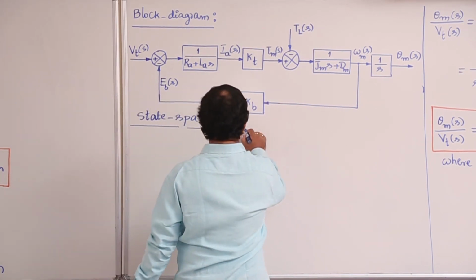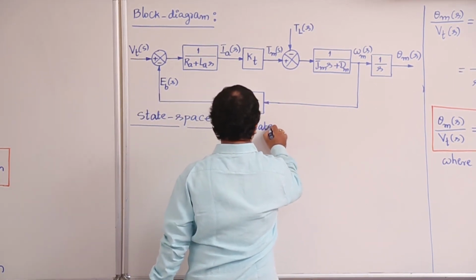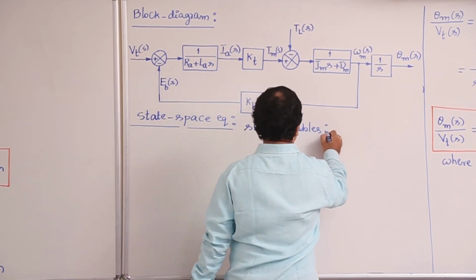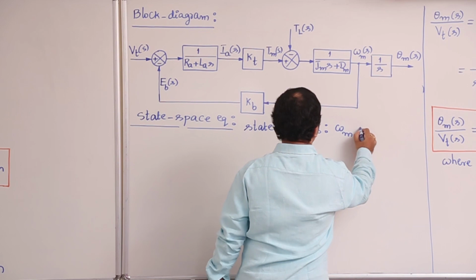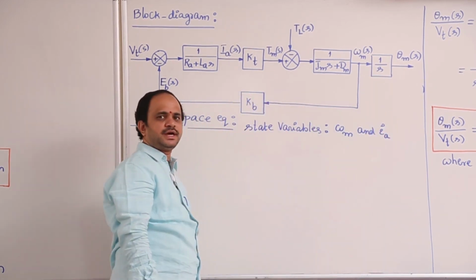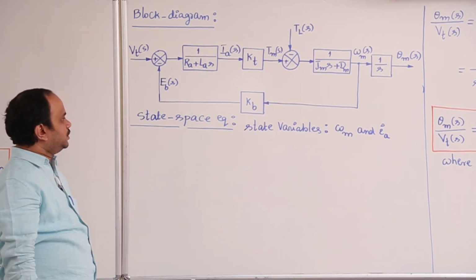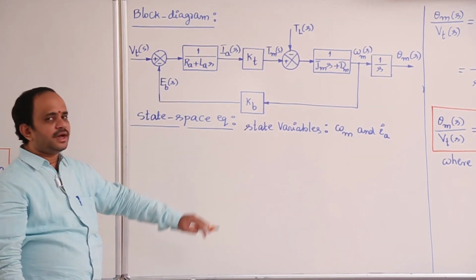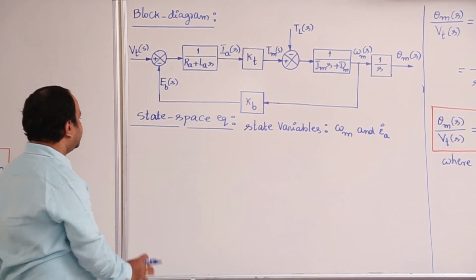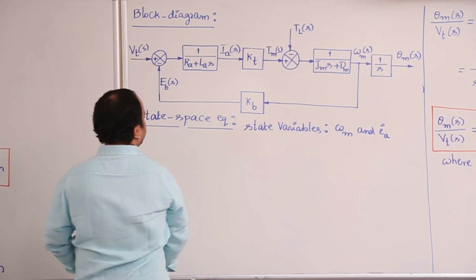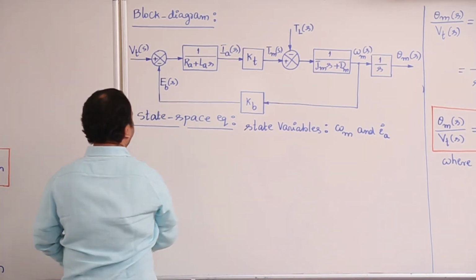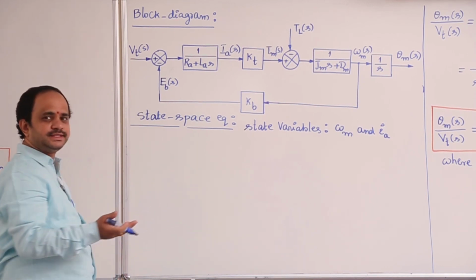Now here the state variables are speed and armature current. If we take speed and armature current as state variables, then how can we represent this equation? For example, take the armature voltage equation.